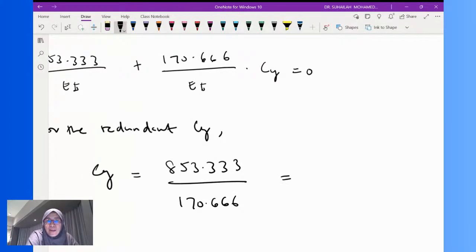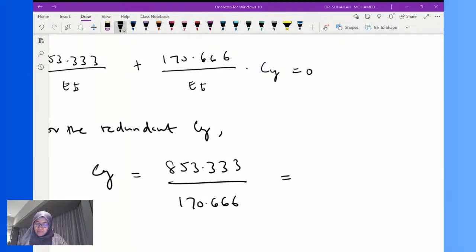So what is CY? What is the value of the redundant?